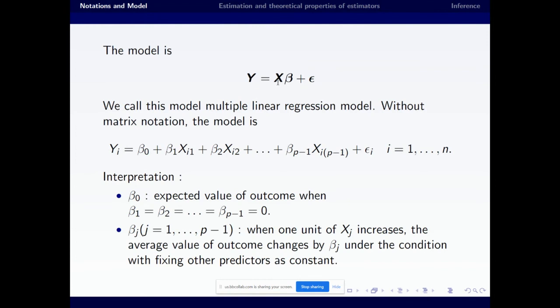So we get an n times 1 vector from this multiplication, and bold epsilon is n times 1, so the dimensions match.